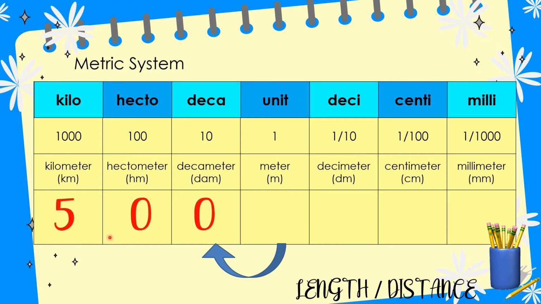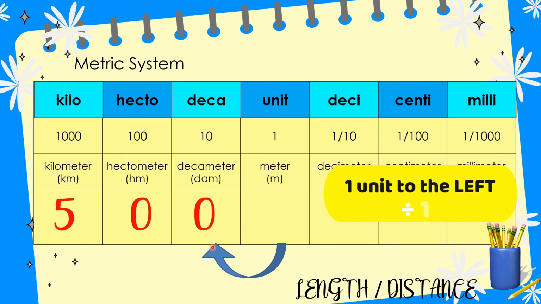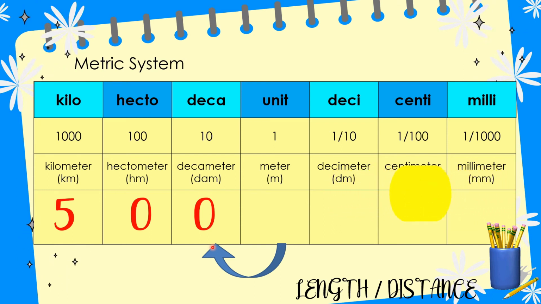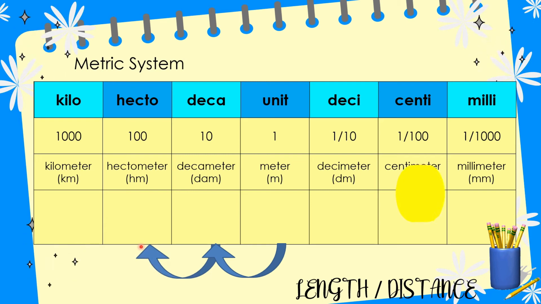At napansin natin yung 5,000 naging 500 na lang. Anong process ang ginawa natin para makuha natin ang 500? Paano naging 500 yung 5,000? Dinivide natin by 10. Next, try natin ilipat ang 500 decameters papunta naman sa hectometer.